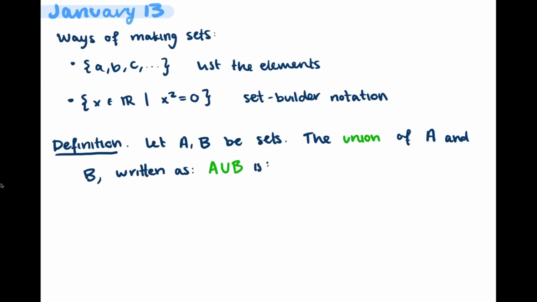I'll write it down for you using set builder notation, and then I'll explain what it's saying. A union B is equal to the set of x's such that x is an element of A or x is an element of B. So what this is doing on an intuitive level is just combining the two sets together.